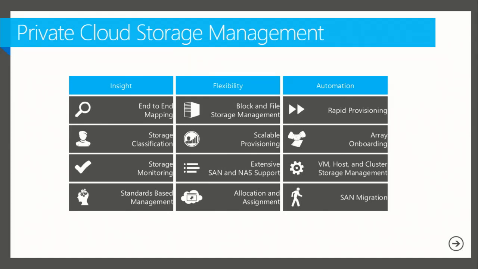They just need a template that needs gold storage, and then they can deploy to a cloud. How many of you are actually deploying to VMM clouds or using the self-service modules of VMM? VMM has the ability to abstract capacity into a cloud, and then you can present those clouds to your end users. They never need to know about the underlying fabric of compute, storage, and network. They just need to know about the resources that they can consume.